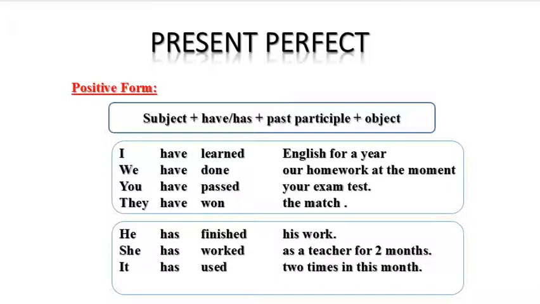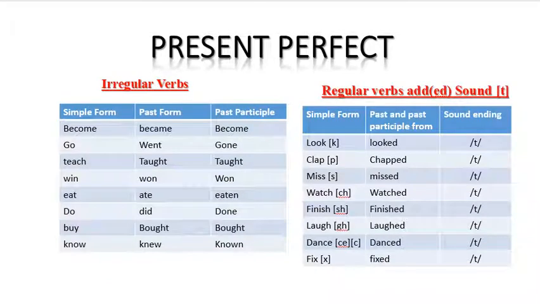Okay, this is the present perfect in positive form, so you can understand how to use it. Let's move to the next. I want to clarify the verb that we use in present perfect. We call it verb 3 or past participle. With irregular verbs, we need to remember how they become past form and past participle.